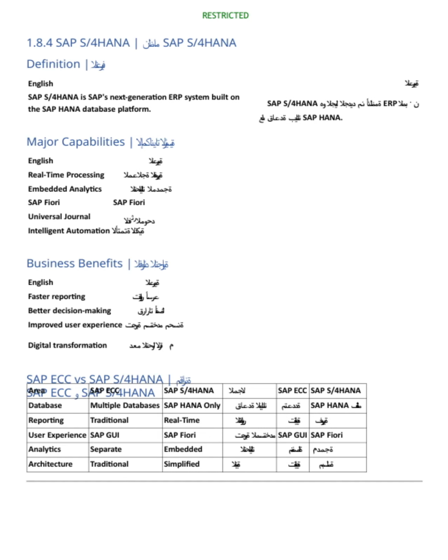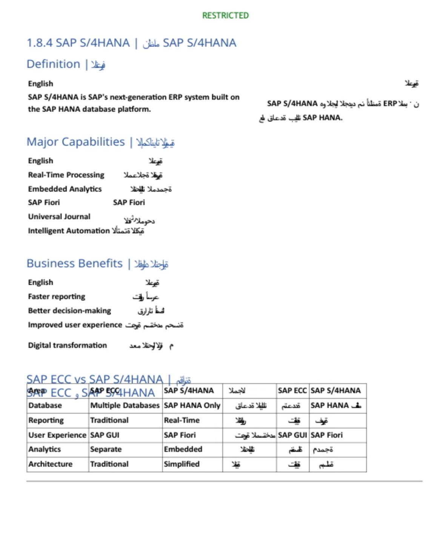Let's take a closer look at the key differences between SAP ECC and SAP S/4HANA. The biggest change is the database. ECC works with multiple databases, while S/4HANA runs exclusively on the SAP HANA platform. Reporting moves from traditional batch processes to real-time insights, enabling faster decisions.